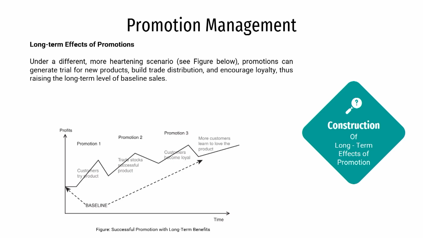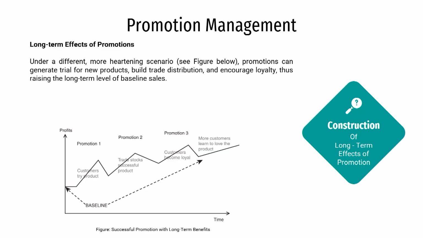So, what is happening in this case? In promotion number 1, customers try the product and then the trade stocks successful products, because more customers are coming to buy that particular product.